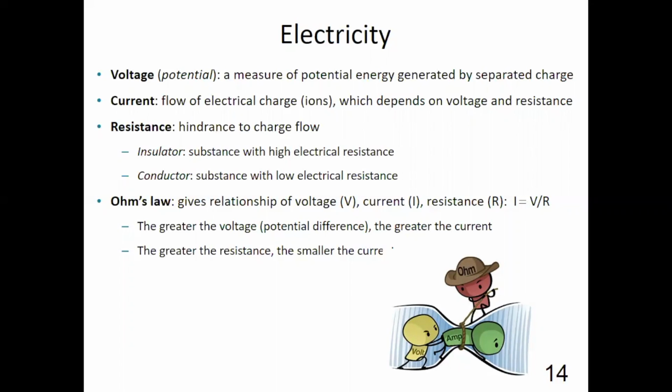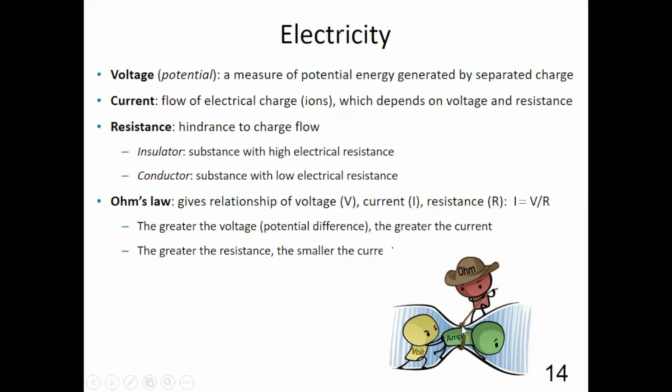My example for this is a garden hose. So in your yard, you might have a hose for water, and the flow of water is dependent on the diameter of the hose.